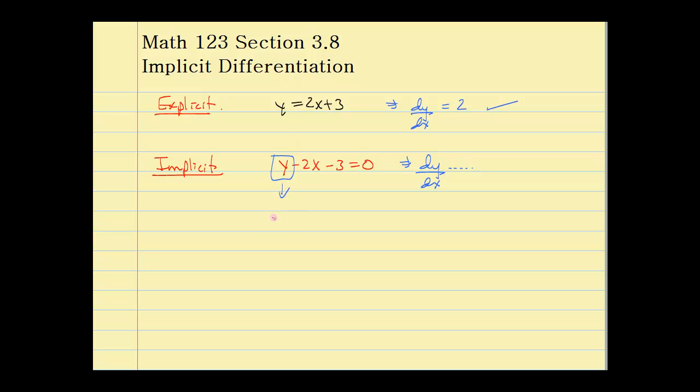That component is going to look like dy/dx. The derivative of minus 2x is going to be minus 2. The derivative of minus 3 is just 0, and of course, the derivative of 0 is 0. So solving here, I get dy/dx, adding the 2 across, equals 2.